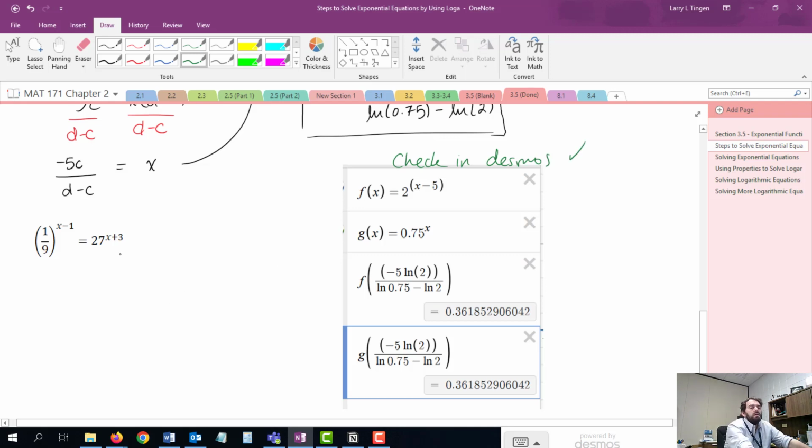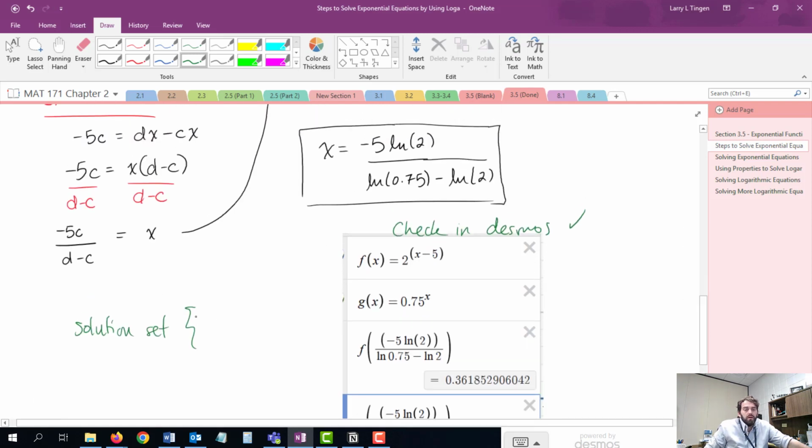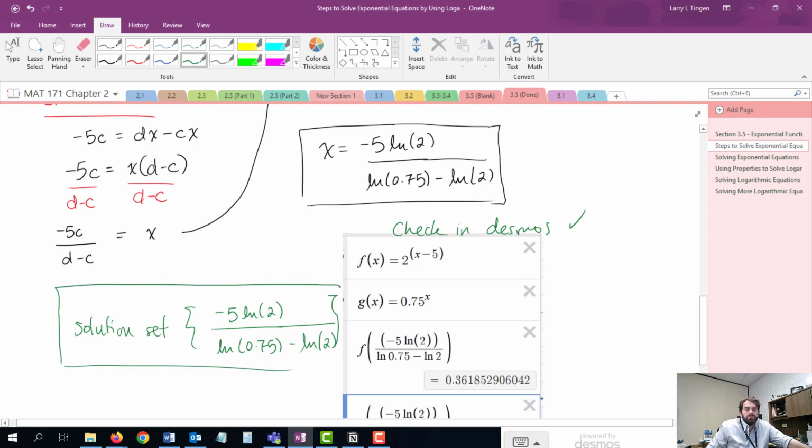So my solution set consists of -5 natural log of 2 divided by natural log of 0.75 minus natural log of 2. All right.